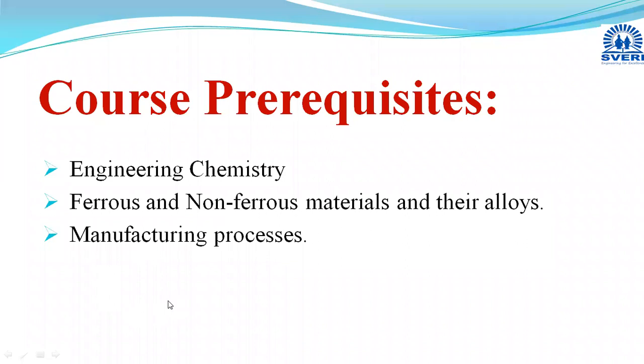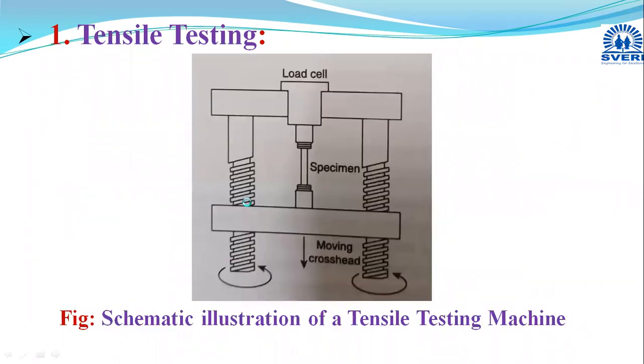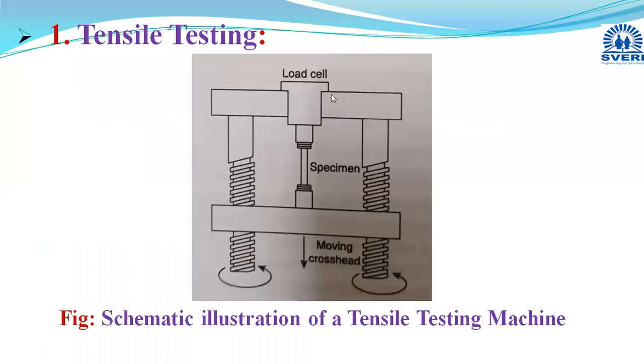Then manufacturing processes. This is the tensile testing, which we discussed previously in practical sessions. This is the specimen preparation, how the specimen is created, gauge length, overall length. And this is the UTM, universal testing machine.